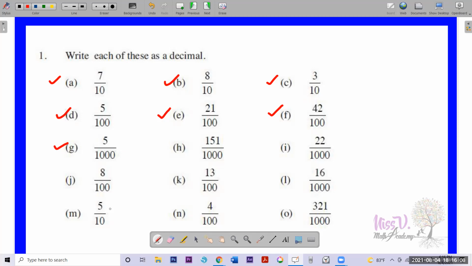Keeping in mind, don't ever get confused with tens and tenths. Okay, you guys have 1 more minute.